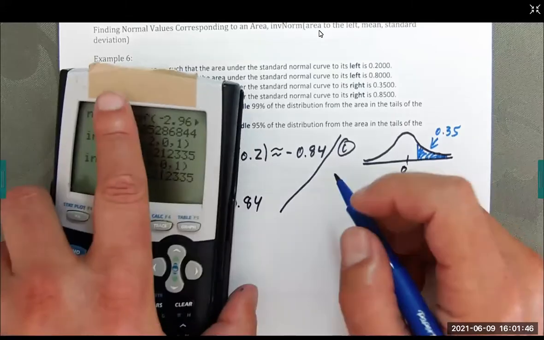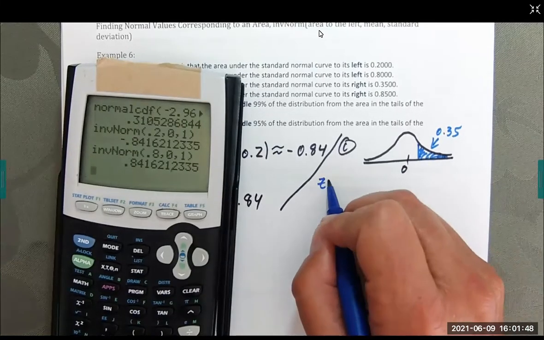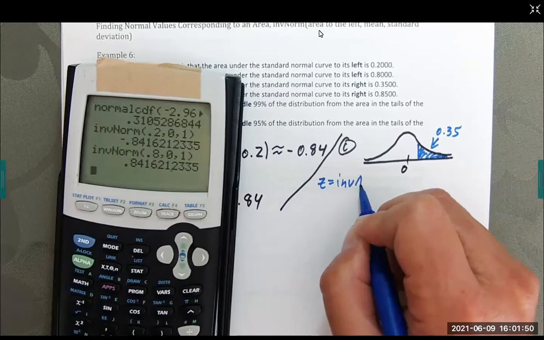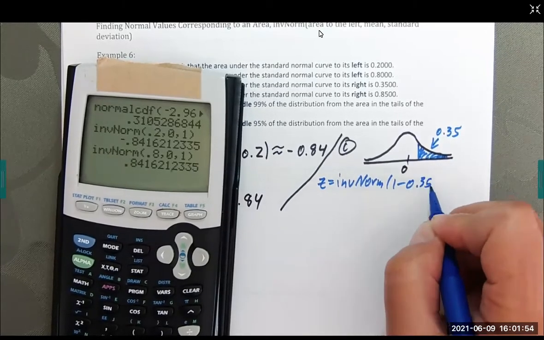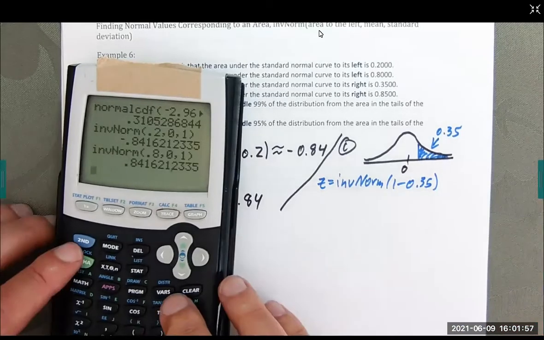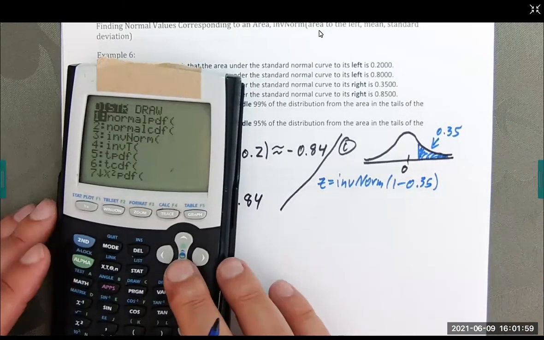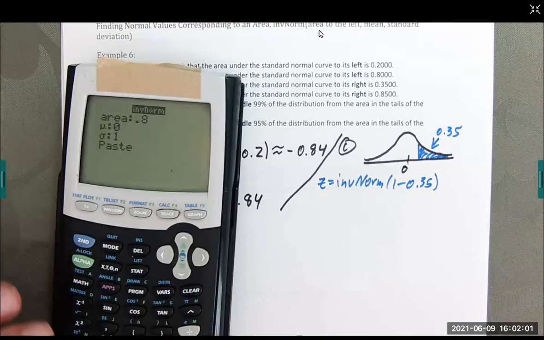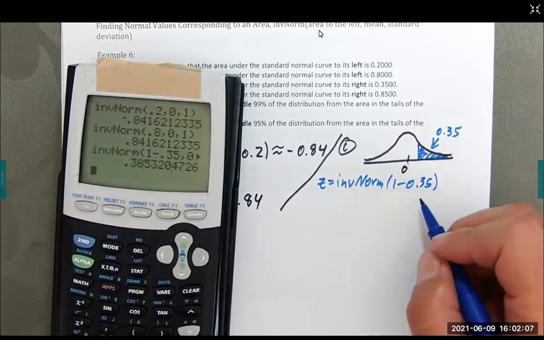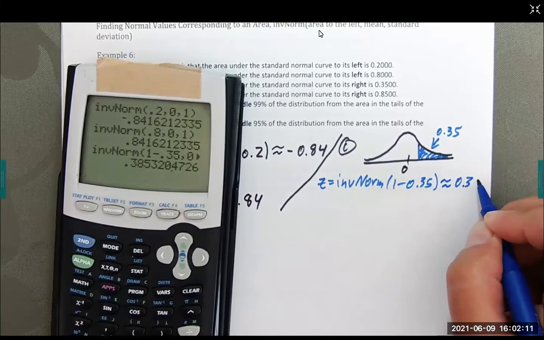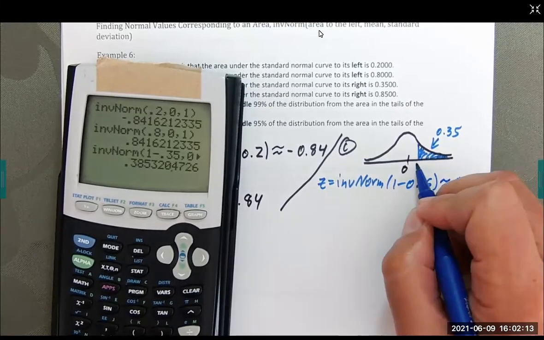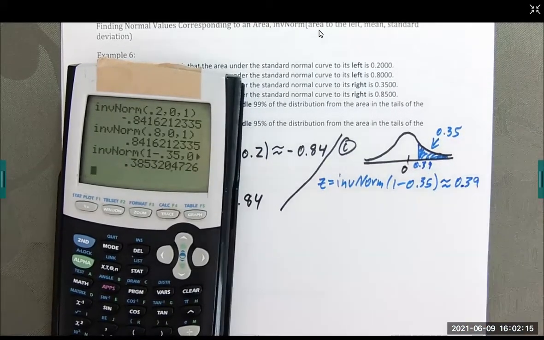We're going to do Z equals inverse norm of 1 minus 0.35. You just type it right in like that. So 0.39. Here's the Z score, a Z value there.